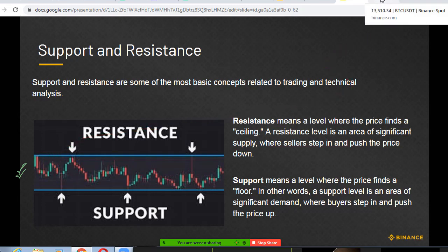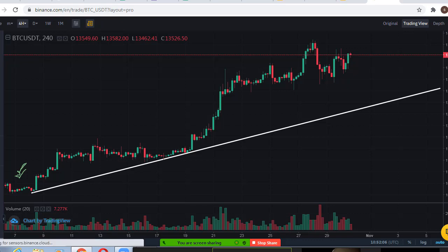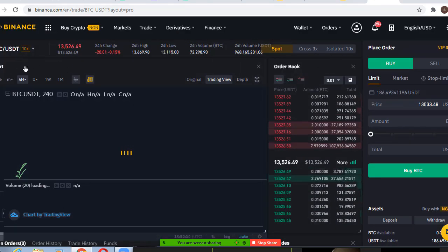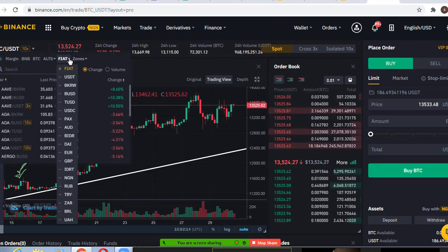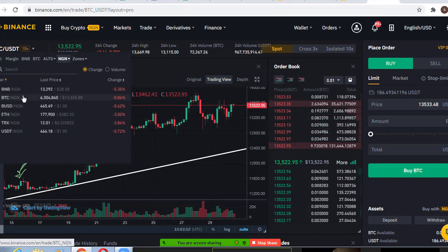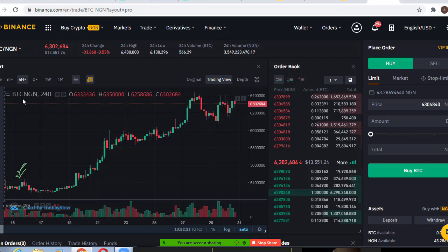Okay, so let me go to my chart and show you what I mean. So let me bring up another chart. Let me use the fiat Nigerian naira to do the other illustration. So let's say BTC NGN.